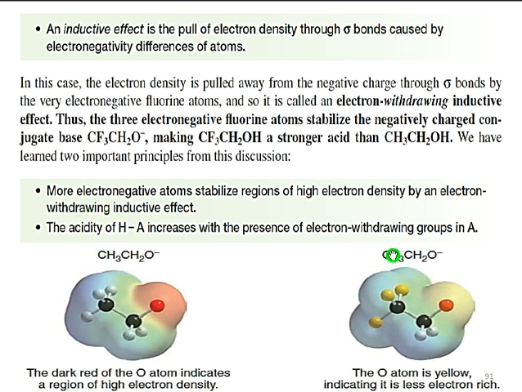That means the 3 fluorines stabilize the negative charge by withdrawing the electron density from the oxygen to the fluorine atoms. Also look at the red: here it is very light red, and here it is deep red. That means this has high electronegativity and this has small electronegativity, so this is more stable than this.